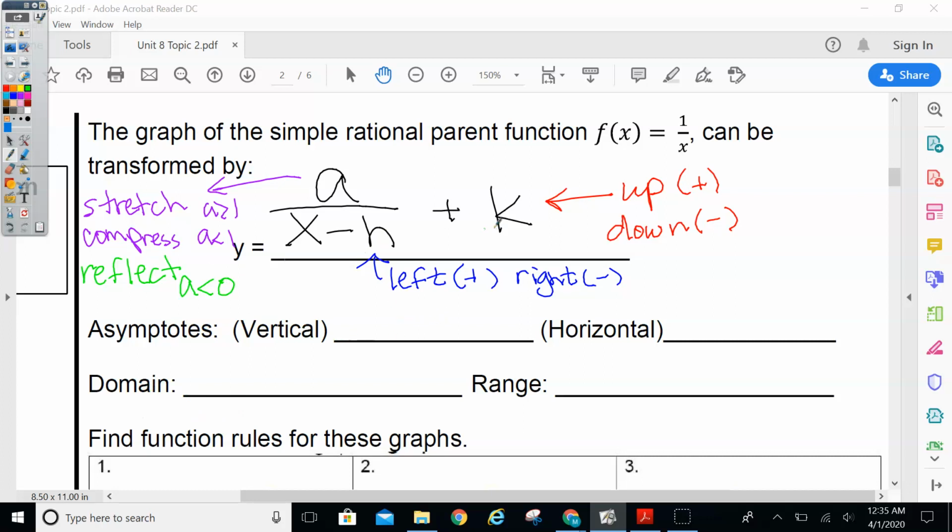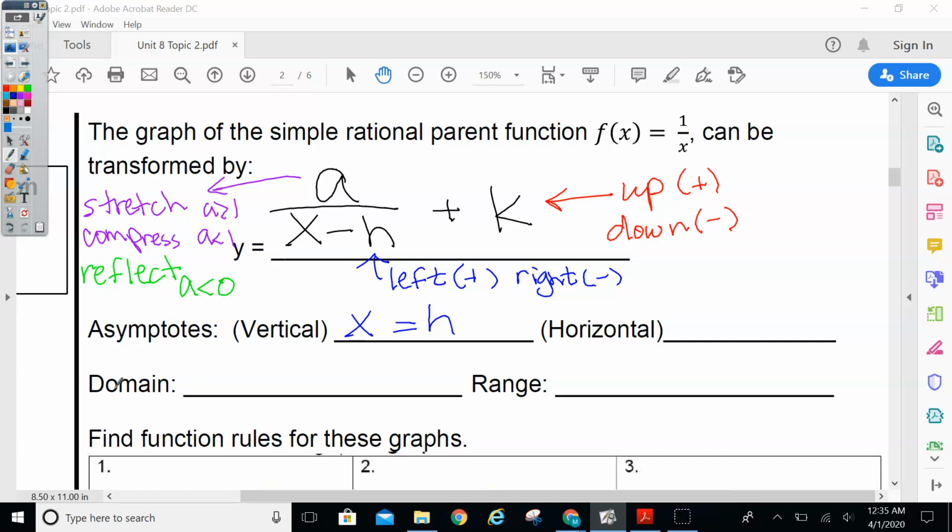Okay, the h and the k value, depending on how it shifts, changes the domain, the range, and the asymptotes. So the h value changes the vertical asymptote. So instead of being at 0, x is now at whatever the opposite of this number is, so h. So if it's a minus, it's a plus. If it's a plus, it's a minus.